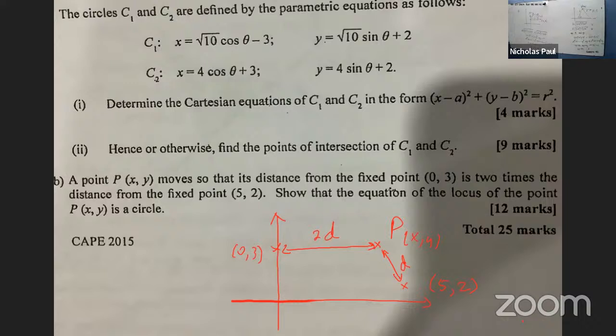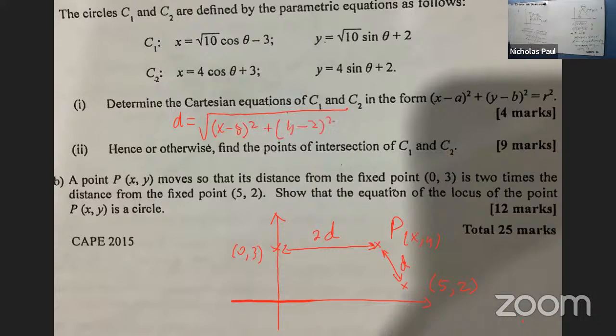So Shivish, what is D? Square root of x minus 5 squared plus y minus 2 squared.